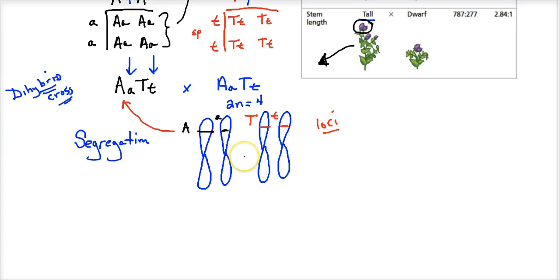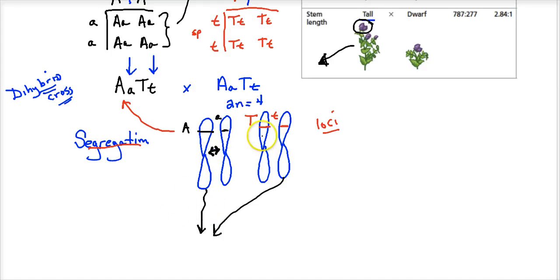In any case, how does this work? Well, through meiosis, because of the law of segregation, we're going to pull apart these chromosomes. So we're going to pull apart A, and it's going to go to one gamete, and we're going to pull apart another one, and it'll go to another gamete. So these 2 can come together, and we call that independent assortment. Now there are 2 parts. The law of segregation means that these 2 are going to split and go into different gametes.